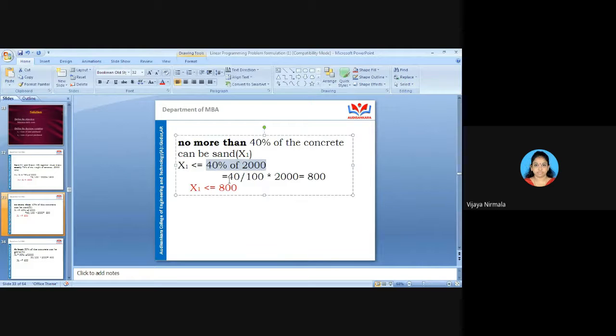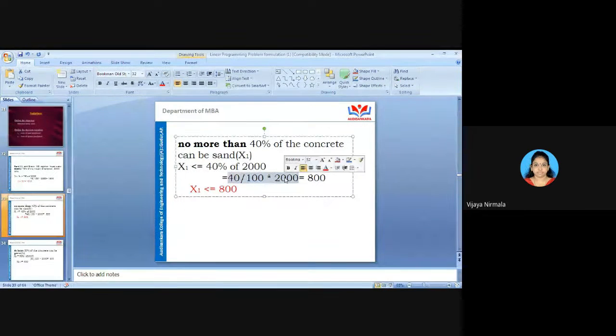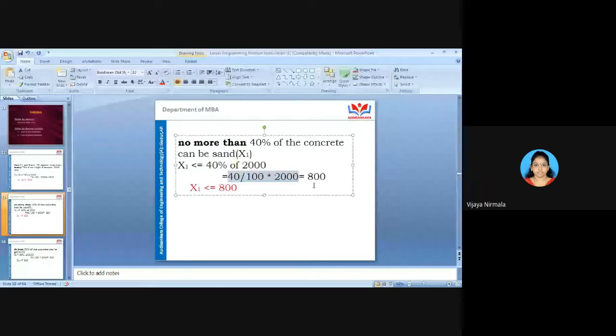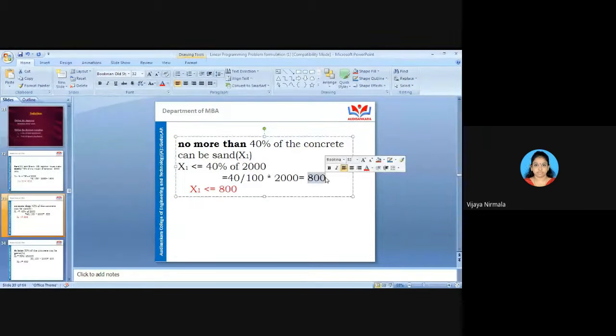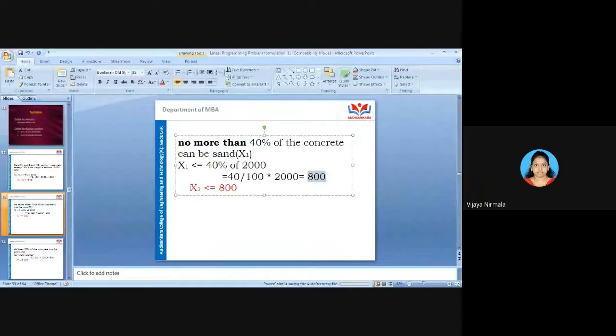It means 40 divided by 100 times 2000. So what answer do we get? You get 800. So the other constraint that you got is x1 less than or equal to 800.